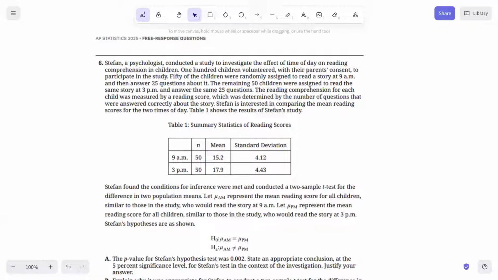And Part C brought in Cohen's D effect size, where you had to compute some calculations here and interpret how meaningful the result was just beyond statistical significance. And then Part D wrapped it up with a deeper dive into how variability affects size and practical importance. So let's go ahead and look at some of this.